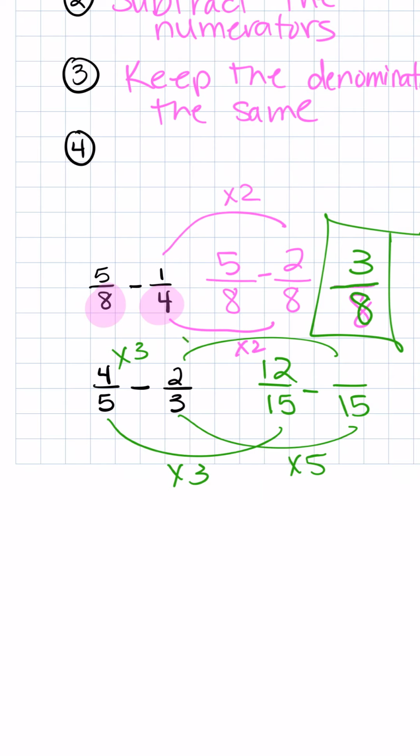Have to multiply that one by 5. So we have 12 minus 10. 12 minus 10 is going to equal 2. Subtract the numerators, keep the denominators the same. 2/15. 2 doesn't go into 15. That is our lowest, our simplified answer.